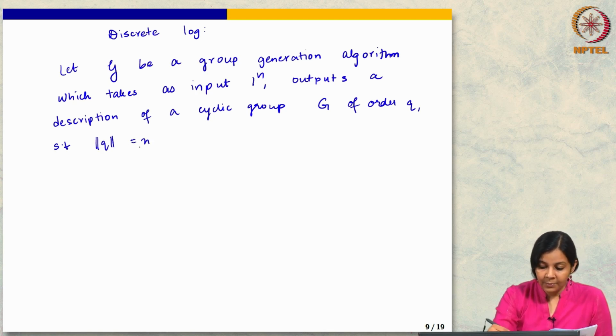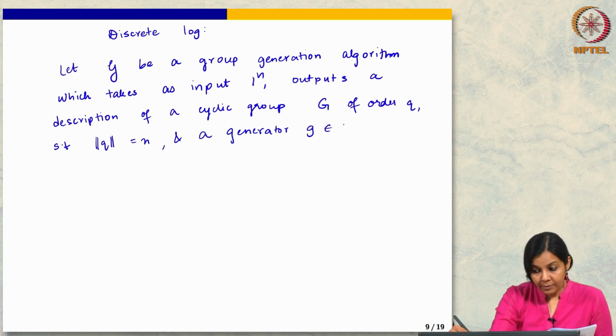This just means that q is n bits, the size of q in bits, and a generator g.